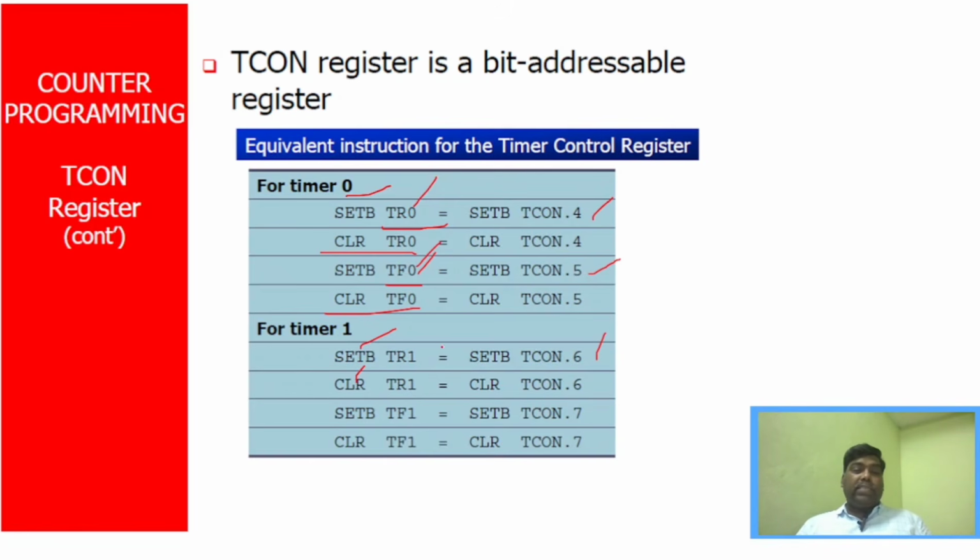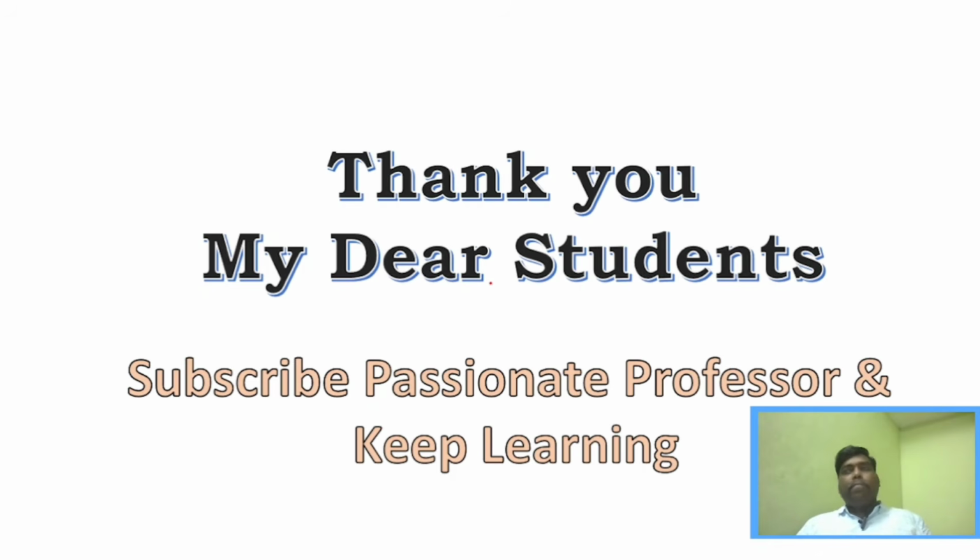Similarly, TCON.6 represents TR1 and TCON.7 represents TF1. So today we have seen the basics of timer and counter operation, what 16-bit timers are, when it works as a timer and as a counter, and what the TMOD register and the TCON register are.